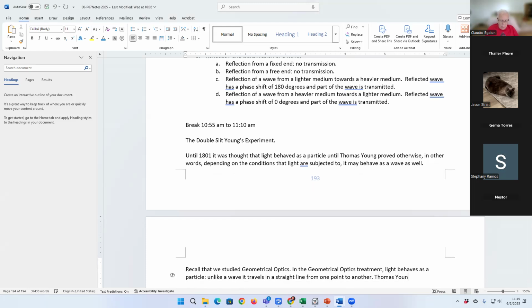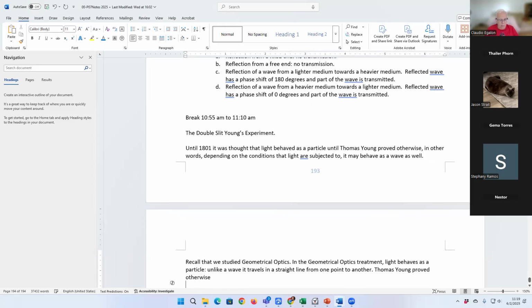Thomas Young proved otherwise. This doesn't mean that geometrical optics is incorrect.